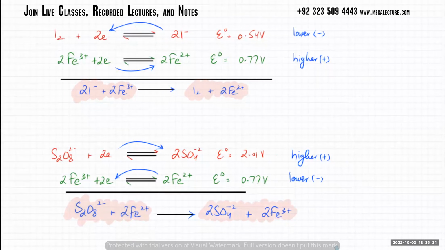As I look at these two reactions, what you'll notice is that overall nothing is happening to Fe. Fe started with 3+, it turned into Fe2+. It gained electrons. But over here, that same Fe2+ lost electrons and turned back into Fe3+. But at the end of the day, you got both of your products. You got iodine and you got SO4 2-.